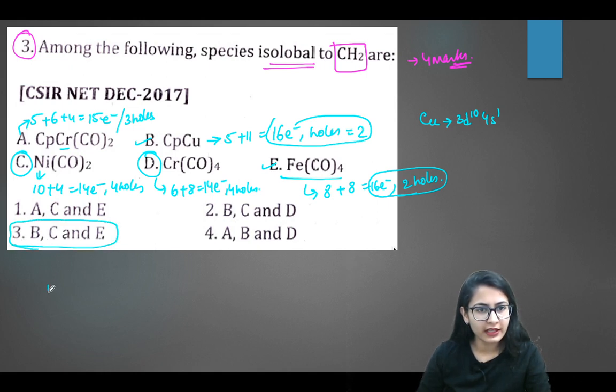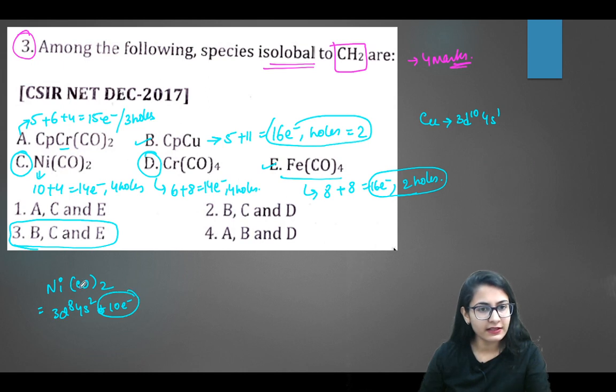Yes, let's check again for the nickel dicarbonyl like this. Okay, so nickel is 3d8 4s2, so that is going to give you 10 electrons basically.